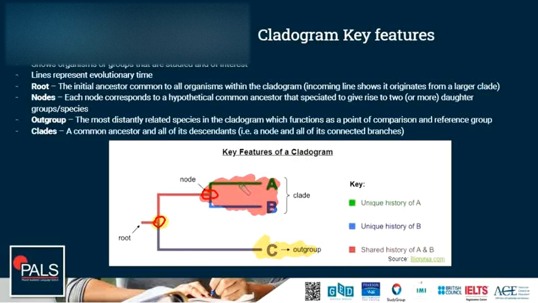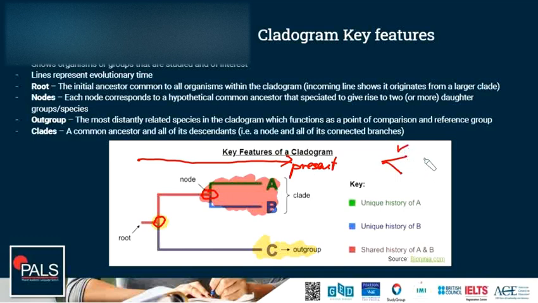Another important feature is that in a cladogram, on a node, lines always diverge. So we come from the past, go towards the present, in evolutionary time, we go that way. Here is probably the present. And lines always diverge in a cladogram.